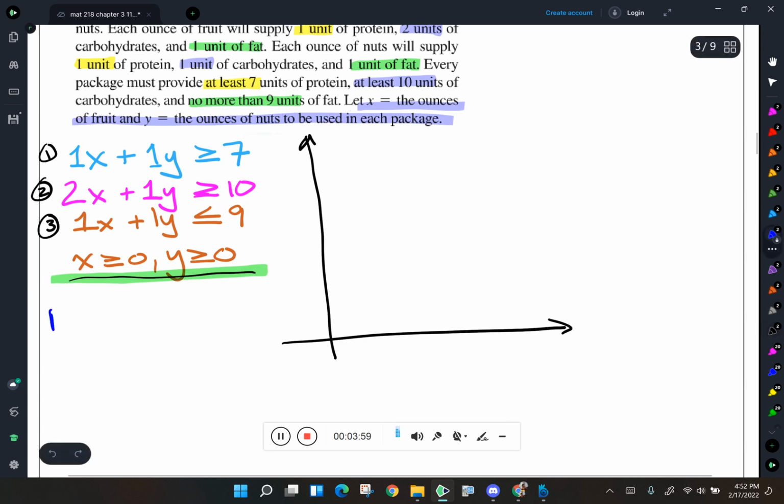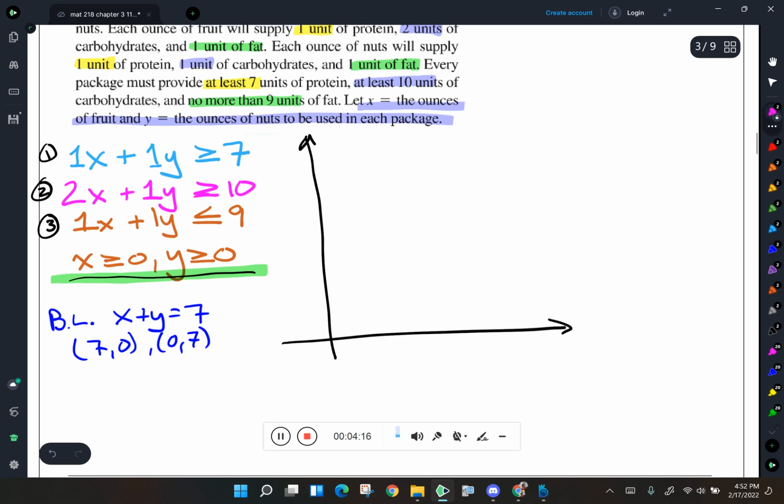So the boundary line for equation 1 is going to be x plus y equals 7. So the x-intercept is 7, 0. The y-intercept is 0, 7.